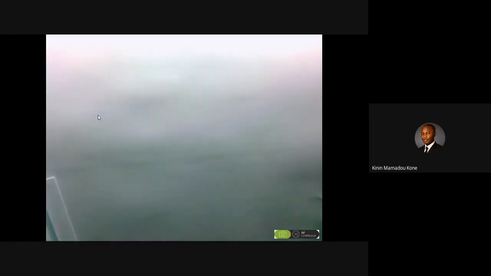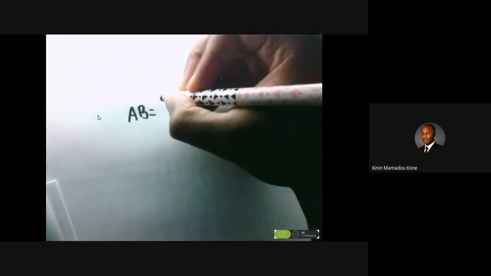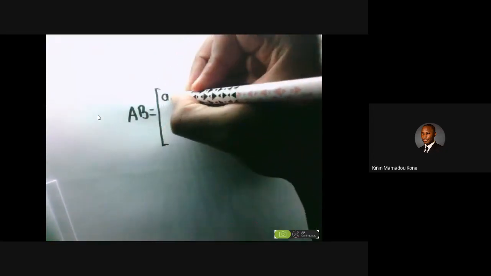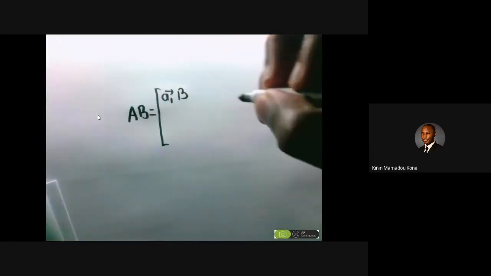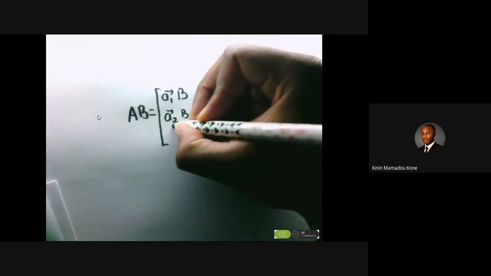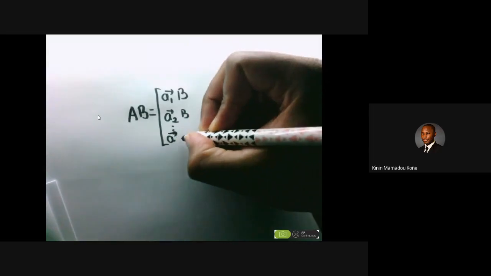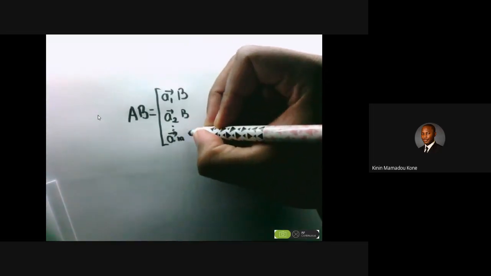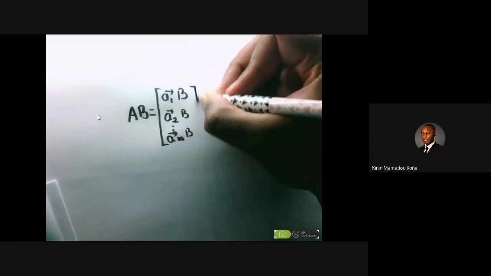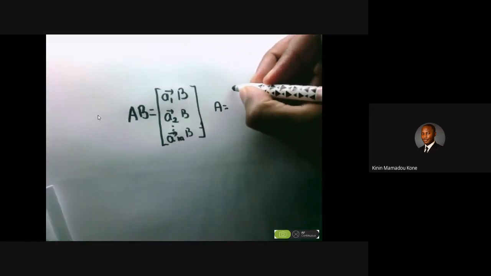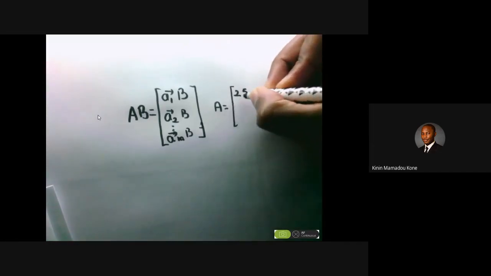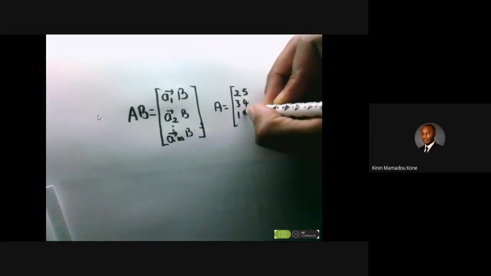You have a matrix A. We said that we can partition a product AB like this: the row vector A1 multiplied by the matrix B, the row vector A2 multiplied by the matrix B, dot dot dot, AM times the matrix B. A in this particular case is equal to 2, 5, 3, 4, 1, 7.